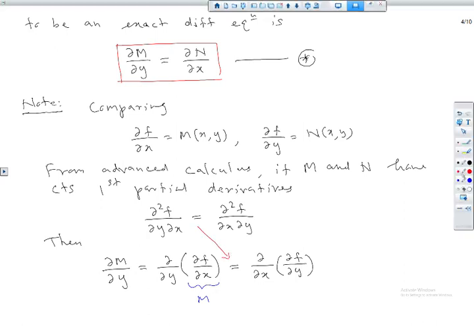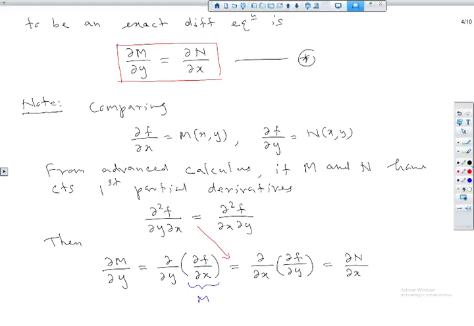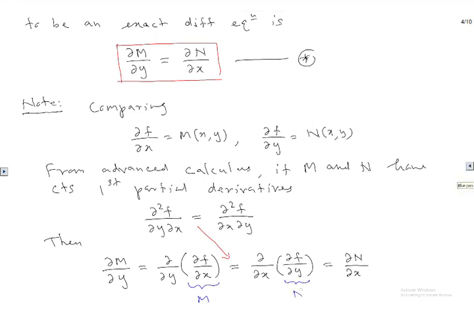Now we can replace this, because we know that ∂f over ∂y means N. So this becomes ∂N over ∂x. That's why it switches the order, because of this argument. So this is the N function, coming from the definition. That's the proof. Because the second mixed partial derivatives are equal, you end up getting this relation.